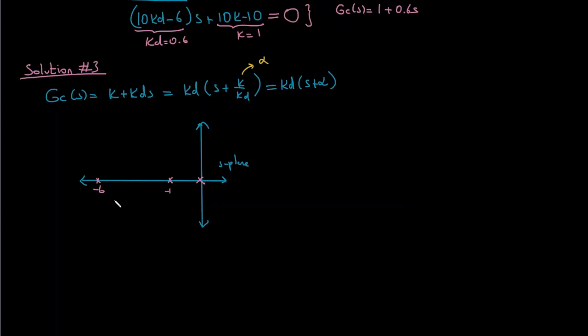Good. So there's a desired pole location which was given as minus 1 plus minus j. So at this point over here, I have the desired pole locations. Okay. This is minus j. Okay.